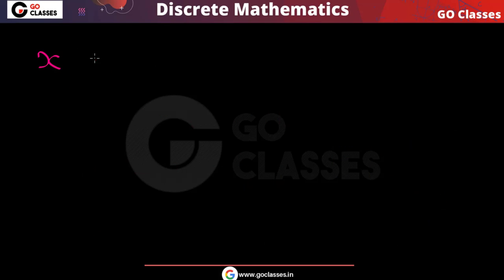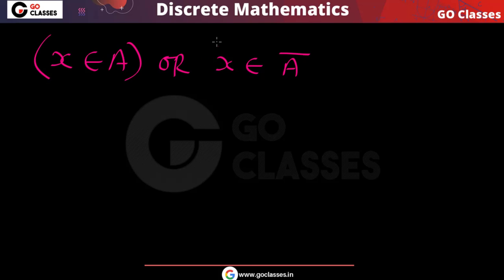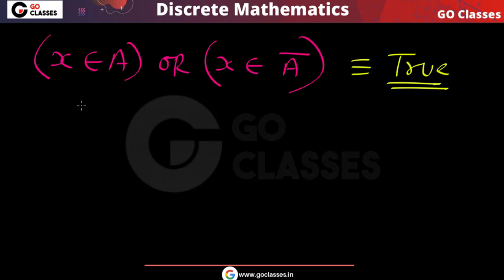Remember, one of these things will always happen: either X will be in A or X will be in A bar. This statement is always true, because whatever element you take, either it is in the set A or it is outside the set.